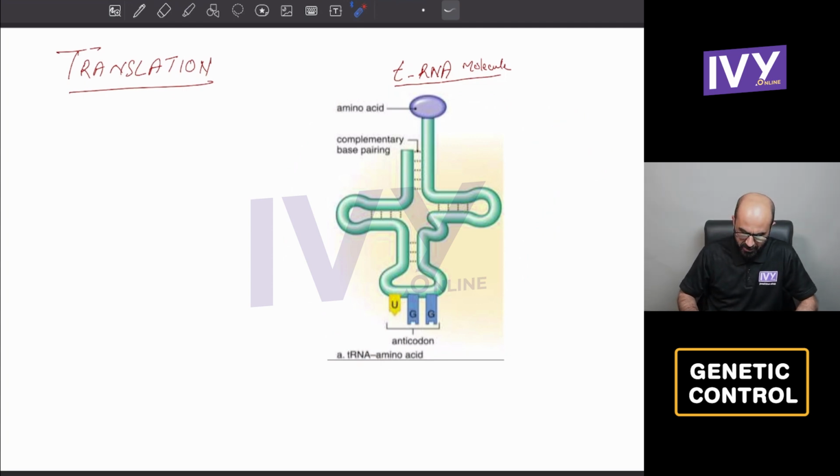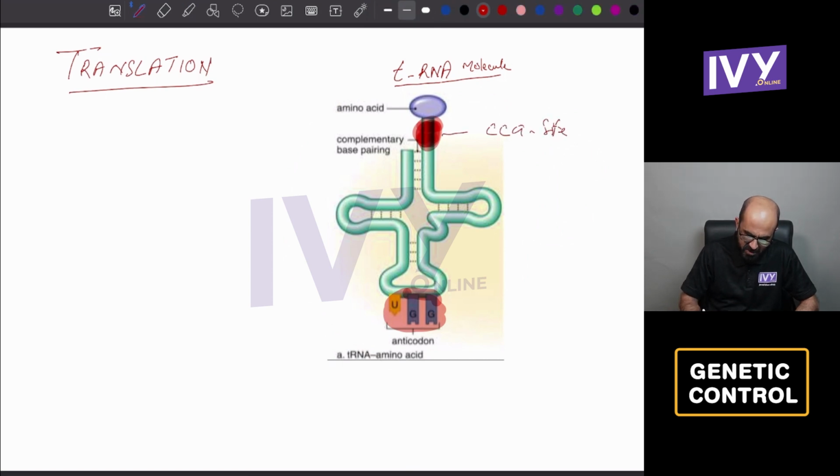They have base pairing, and in the base pairing no thymine is present. We have just uracil. Now in the entire structure there are two very important areas to focus on. One is the area known as the anticodon, and the other is the area where the amino acid is going to be attached, which is usually known as the CCA site.